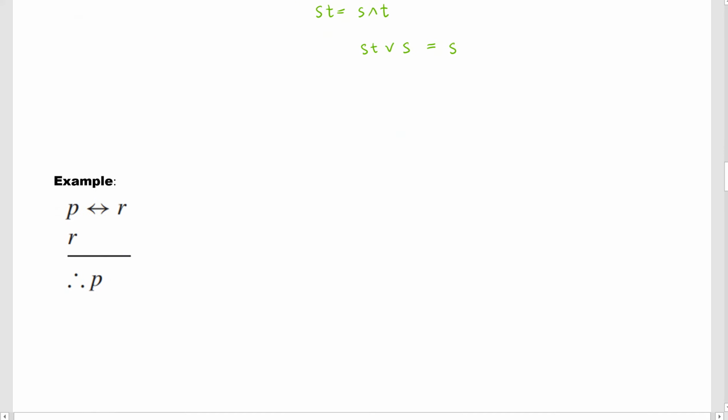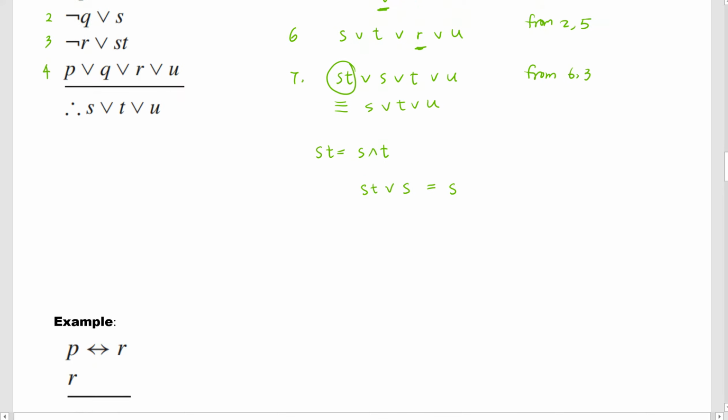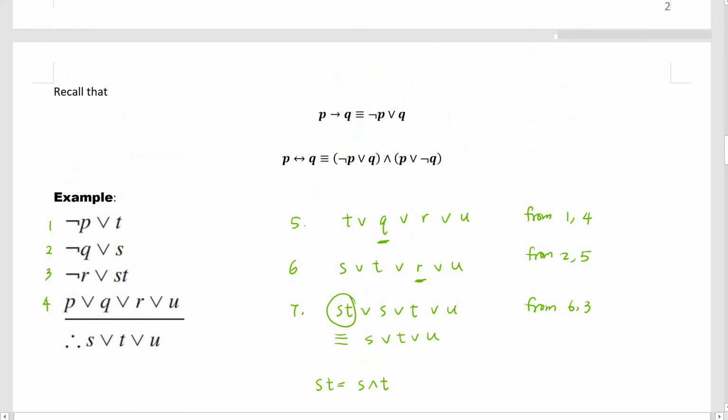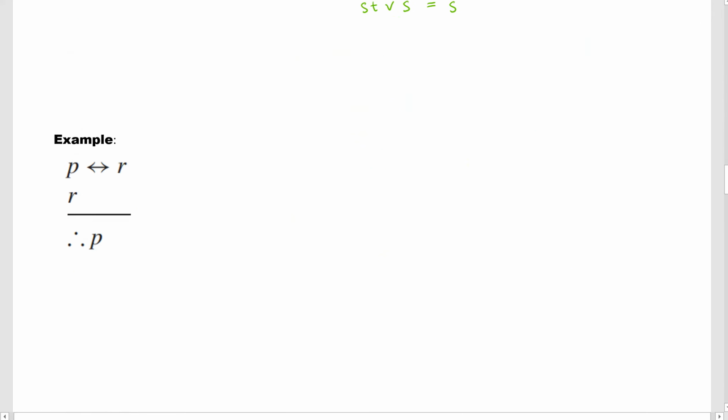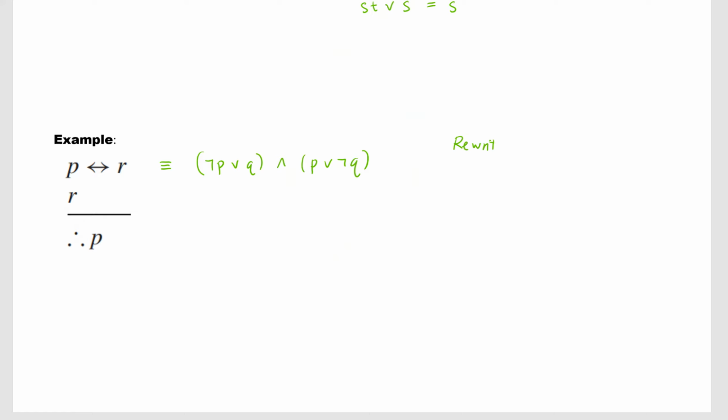Okay, let's continue. So P if and only if R, and R. Okay, so first let's rewrite the problem. What's P if and only if R? That's not P or R, and P or not R. Because it's "and", we can rewrite the problem into different lines.